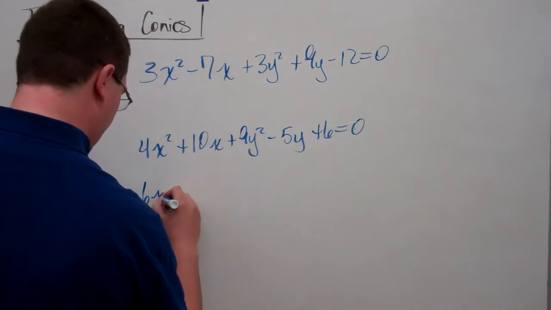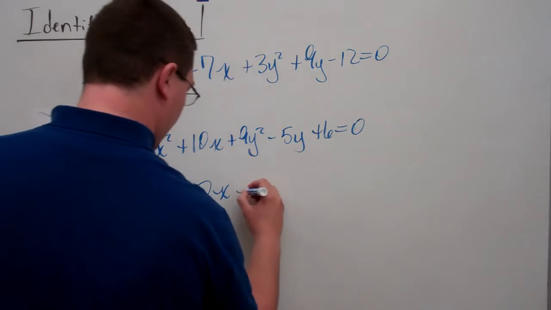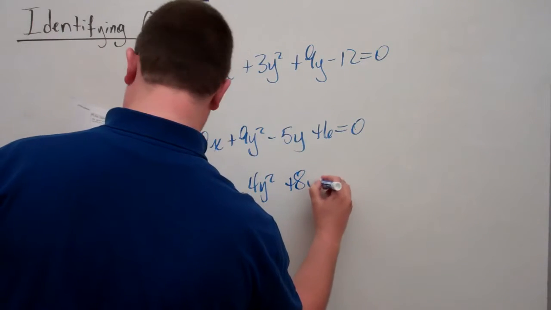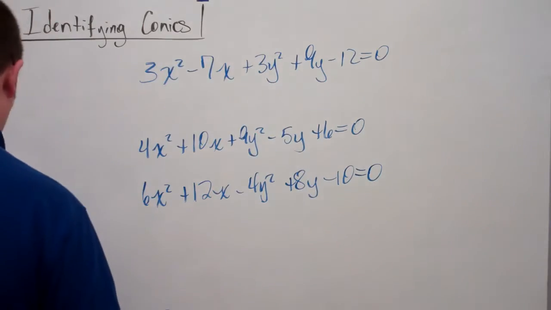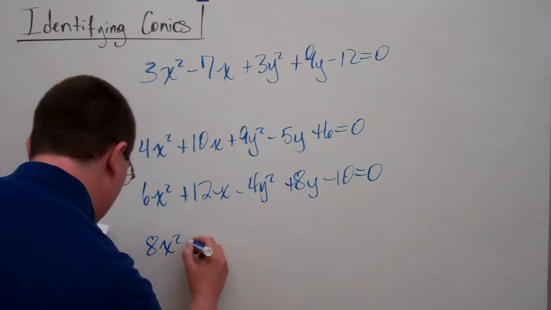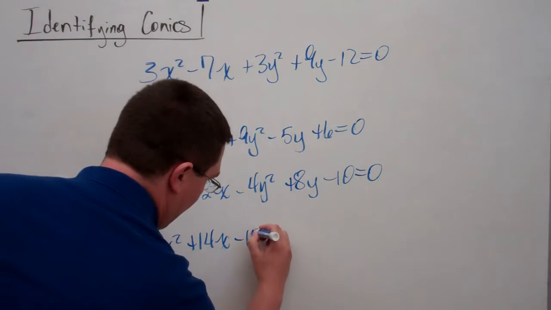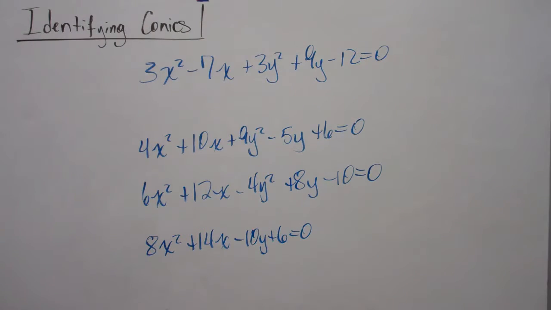Or 6x squared plus 12x minus 4y squared plus 8y minus 10 equals 0. And our last one, 8x squared plus 14x minus 10y plus 6 equals 0. So these are in non-standard format.